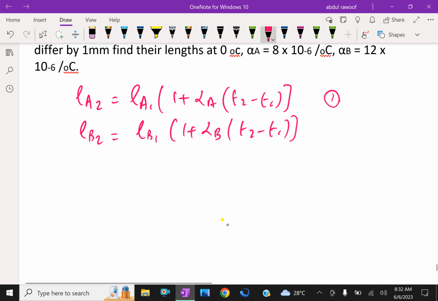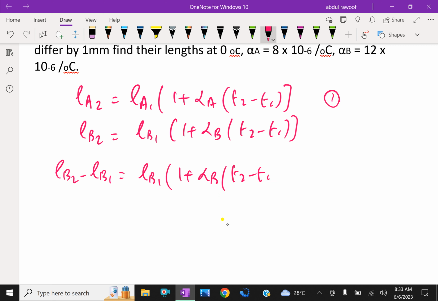Therefore, the subtraction of both is LB1 times 1 plus alpha B times T2 minus T1, minus LA1 times 1 plus alpha A times T2 minus T1.